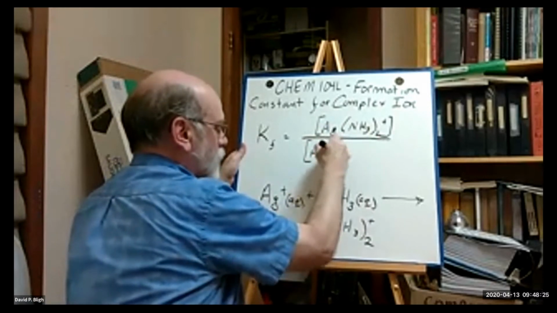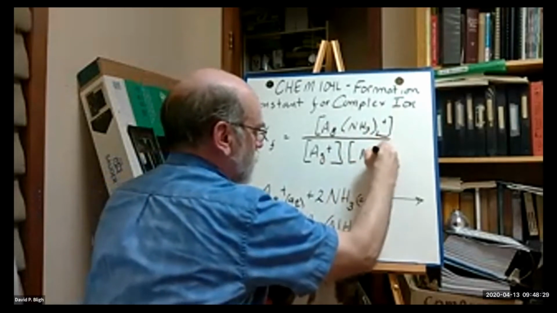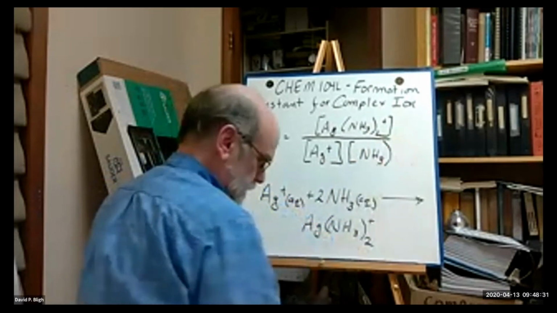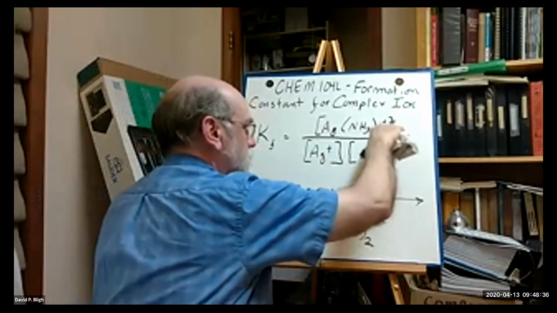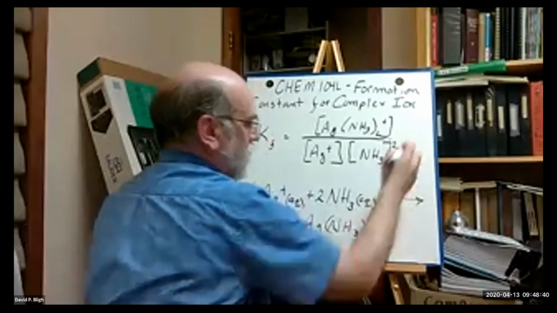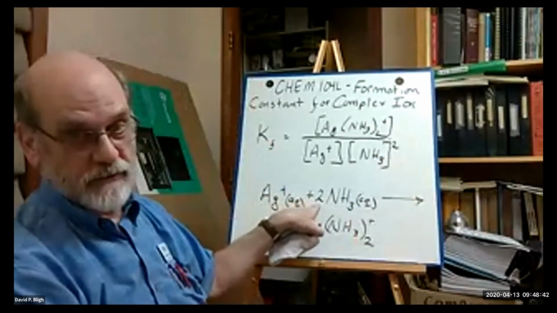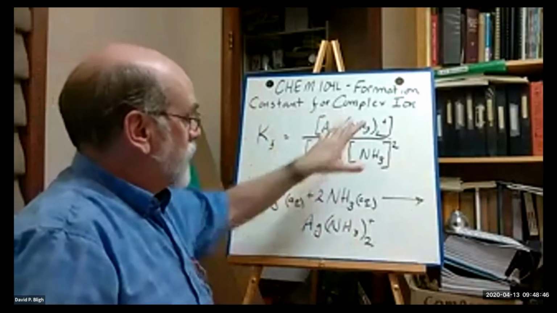So if we follow our rules, then we'll have ammonia concentration. Oops, that's a boo-boo. Square brackets for equilibrium squared because of that coefficient. Okay? So this is the equilibrium expression.